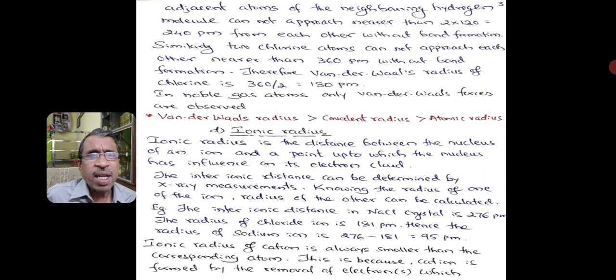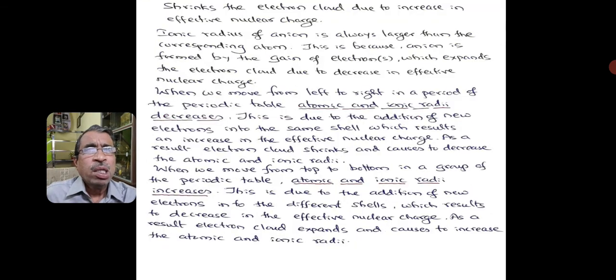It is also seen that the ionic radius of a cation is always smaller than the corresponding atom. This is because a cation is formed by the removal of electron or electrons, which shrinks the electron cloud due to increase in effective nuclear charge.